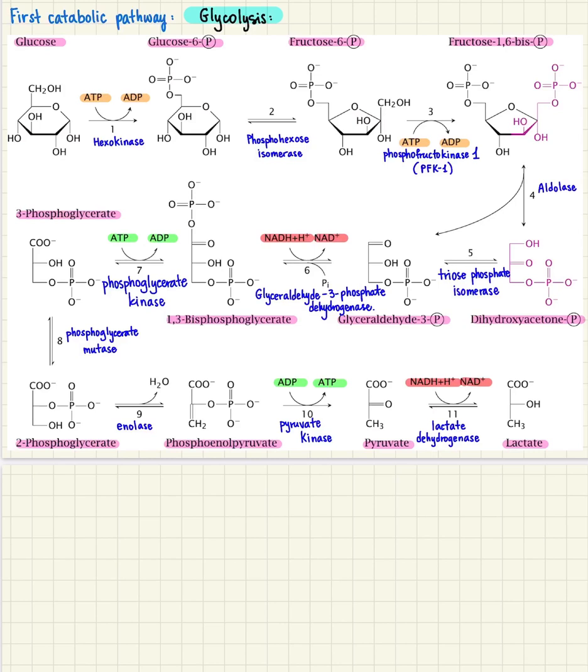Now we are done with the preparatory phase, and we are entering the payoff phase when we actually will be making ATP. The next enzyme is aldolase, and what aldolase does is it cuts this 6-carbon molecule into 2 3-carbon molecules.